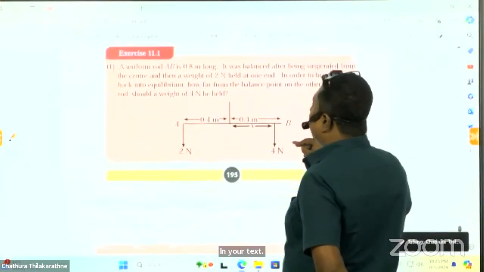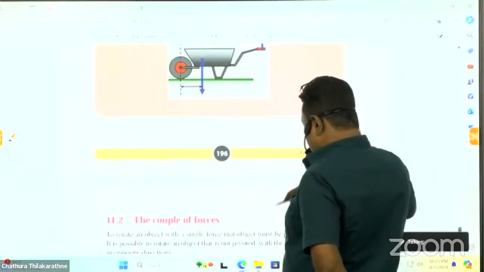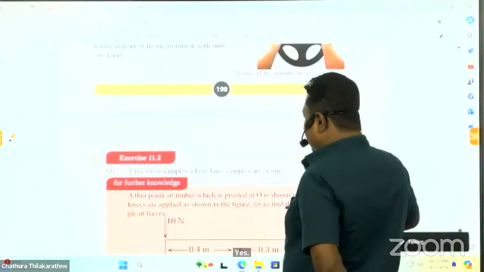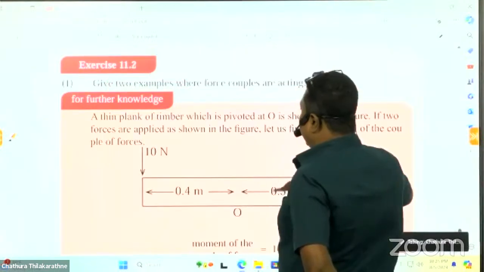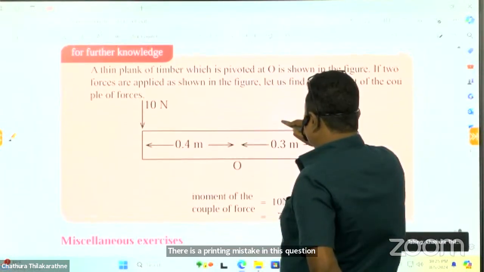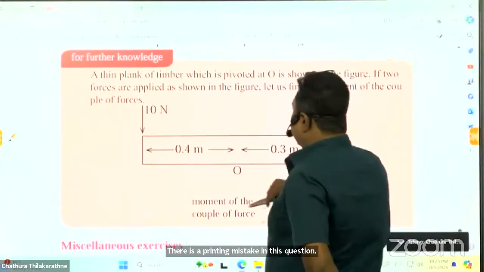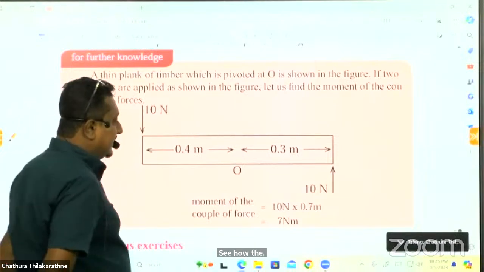Yes. I think there is a printing mistake in this question. No, there is no printing mistake. See how the moment of force is made.